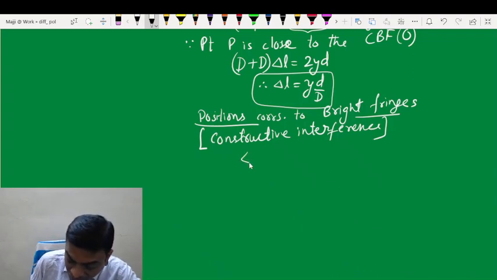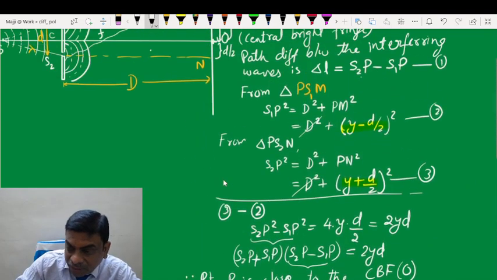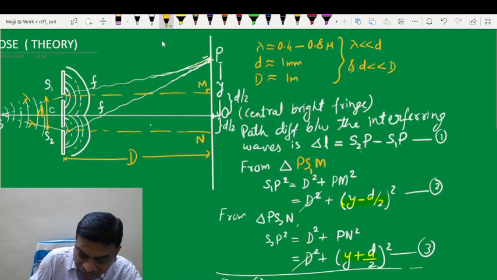So for that, we know the path difference should be either 0 or 1 lambda, 2 lambda, 3 lambda, of course plus or minus, both. Okay. So accordingly, if it is plus, then certainly point P will lie above the central line. You can call this the central line, students.